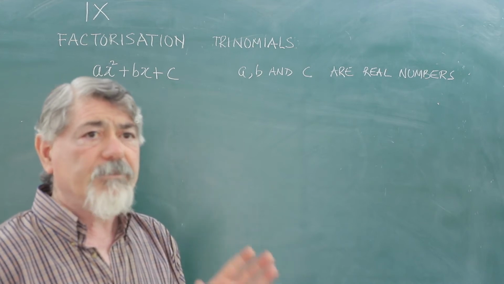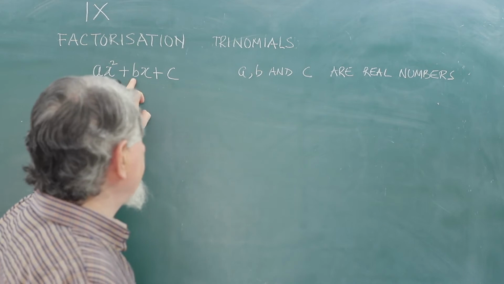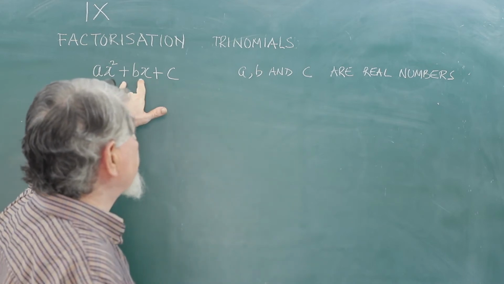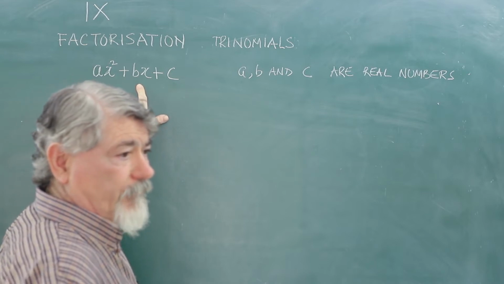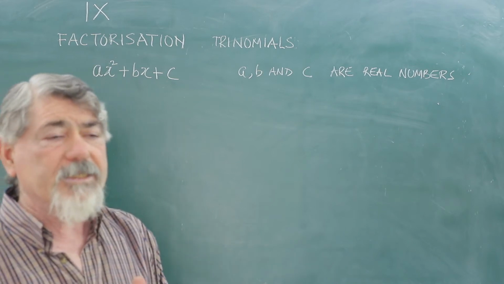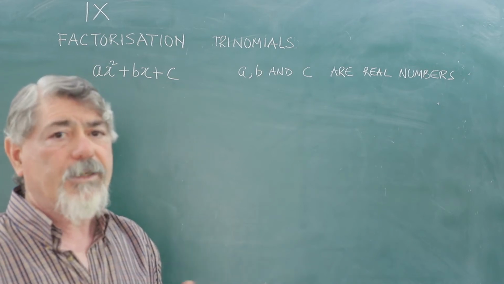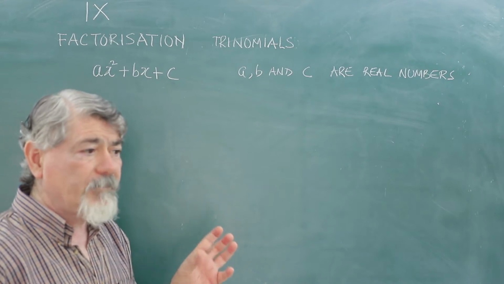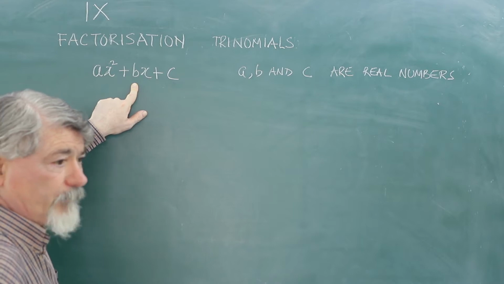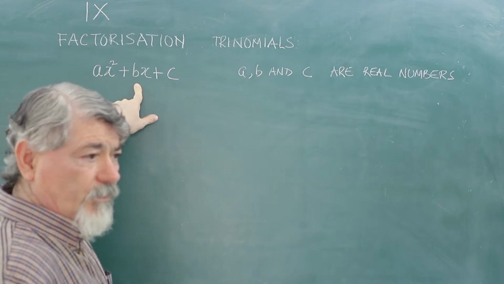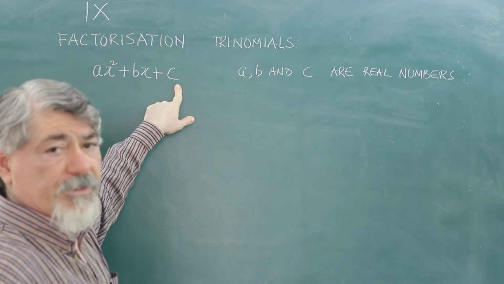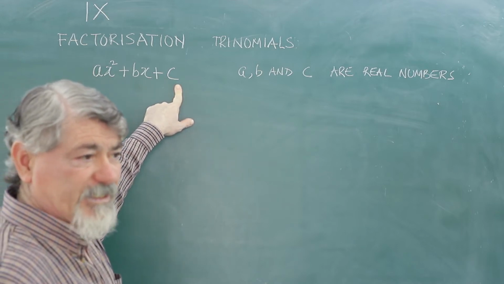We will break up the middle term b in such a way that the algebraic sum should remain the same as b. When I'm talking of algebraic sum, I'm talking plus and minus, plus plus, minus minus, plus minus. That means the sum with their signs should be the same as b, and the product of those two split terms should be the same as the product of first and last term, that is AC.